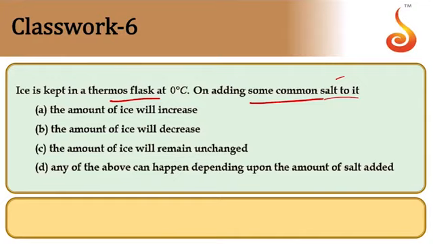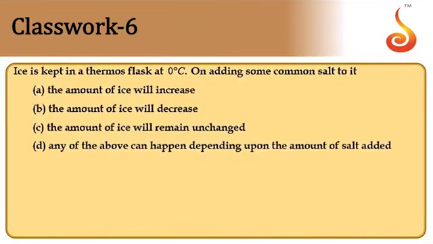That is, some ice starts melting to dissolve the salt added. The remaining will form a freezing mixture, and the mixture is going to be lower than 0 degrees Celsius. So the answer must be that the ice will not increase, it will decrease, because some amount of ice dissolves the common salt added to it. So the option is B. B is the answer.